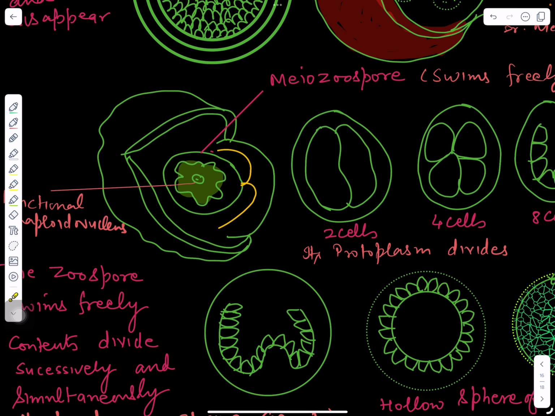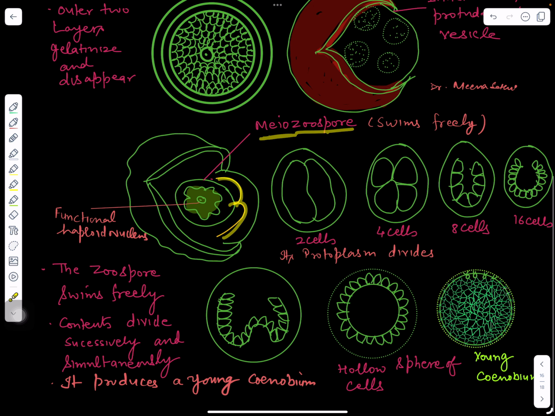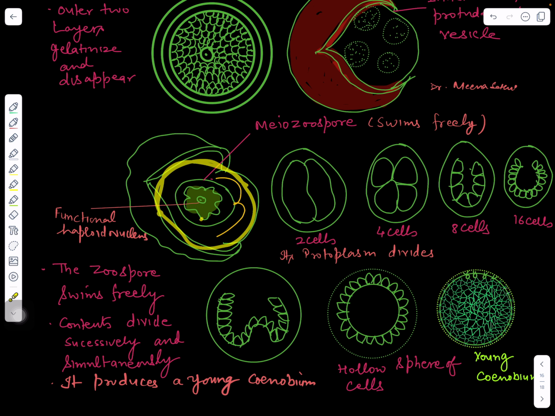Meiospore is a gamete-like cell produced after meiosis, right? It has developed flagella also, and has a functional haploid nucleus. This is going to develop into a young coenobium of Volvox because it is haploid in genetic constitution, and inside the vesicle this process will occur.